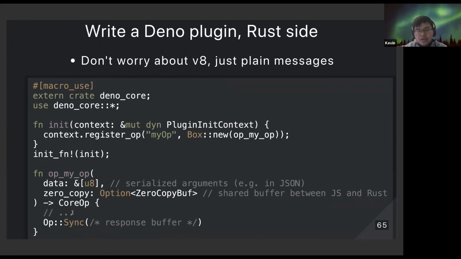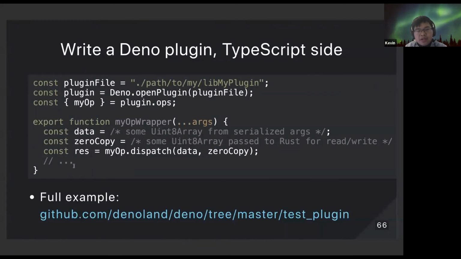You serialize and deserialize on either side, process it and handle it. So this API is pretty minimal. You don't need to deal with all the complexity of V8. This is also the first version of the native plugin, so we're probably going to improve it later on, but this is the basic idea of a message-based native plugin.